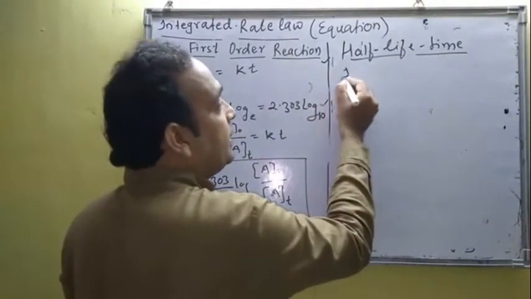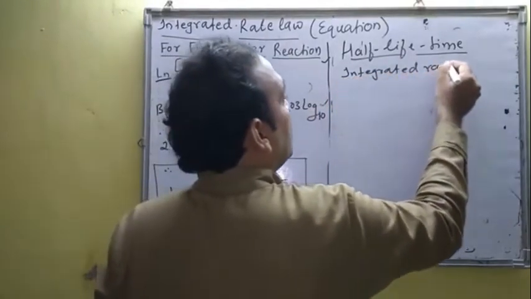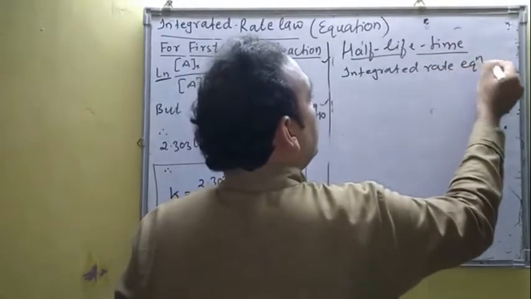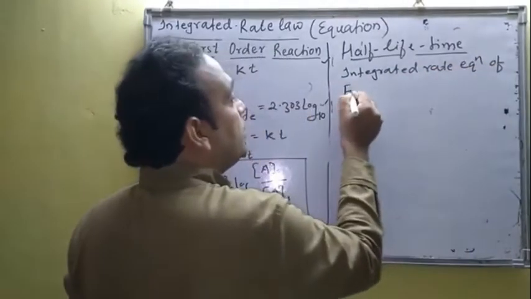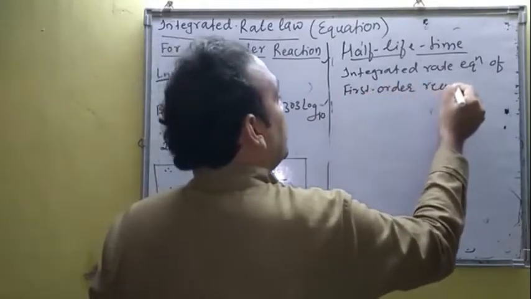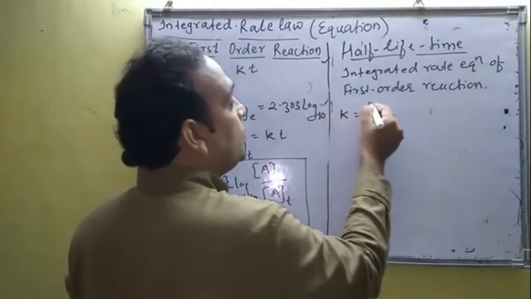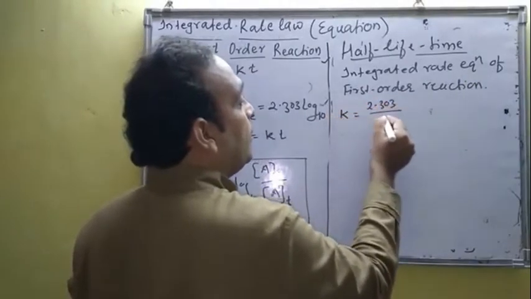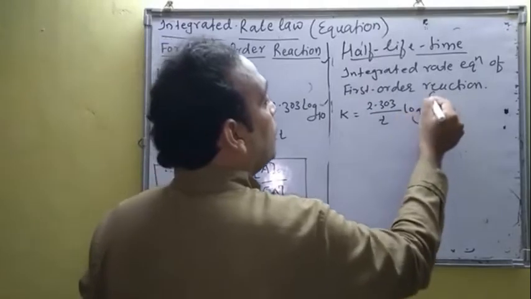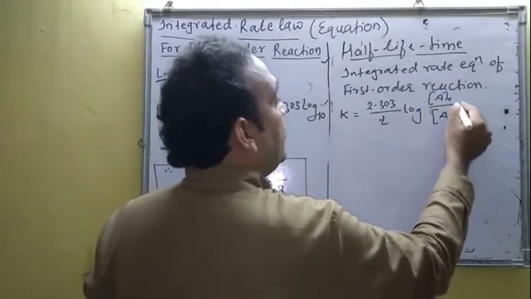Now write the integrated rate equation of first order reaction. What is the integrated rate equation of first order reaction? So k is equal to 2.303 upon t log of concentration of A0 by concentration of At.